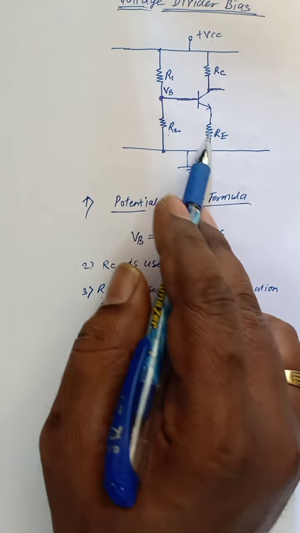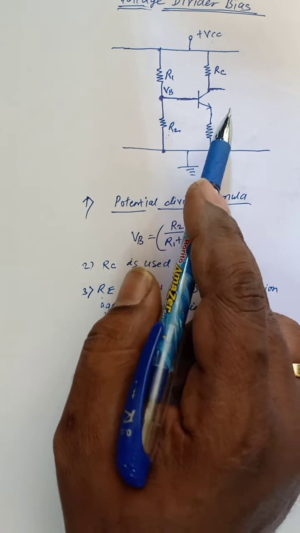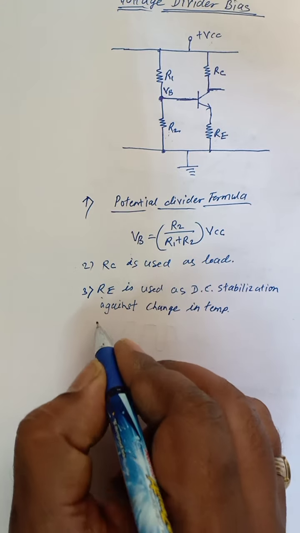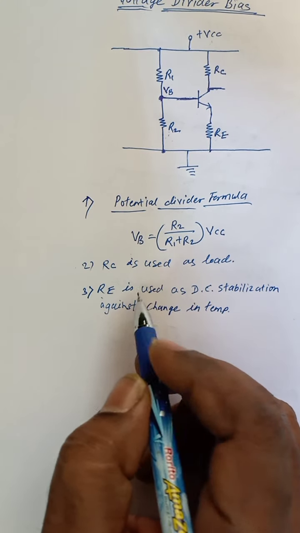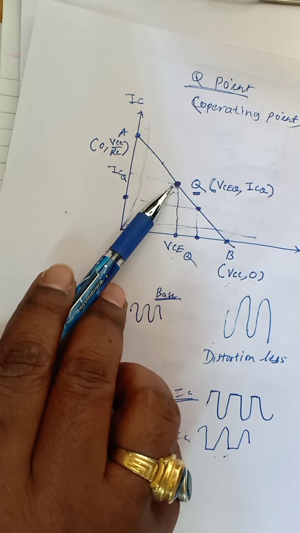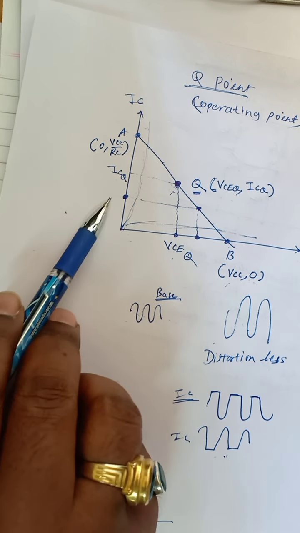How does it get stabilization? As temperature increases, we know that collector current increases. So just write one sequence of how this gets stabilization. When the Q point shifts up, collector current increases. When the Q point shifts down, collector current decreases.